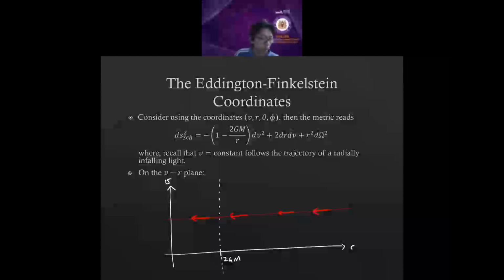But how can we find the path of light that is traveling towards increasing r? That is what we know as the outgoing light.